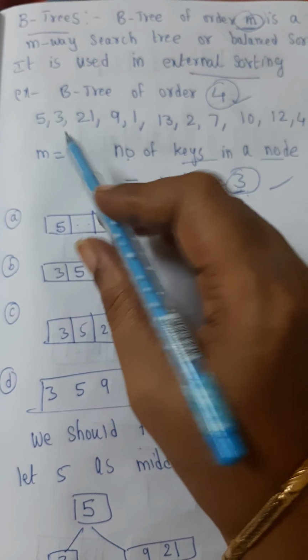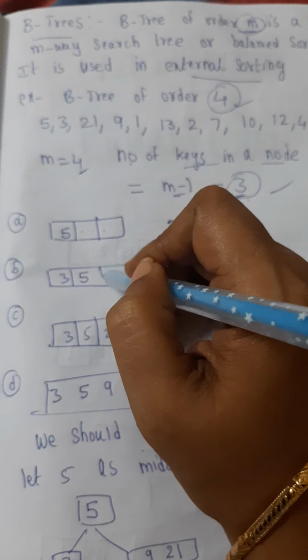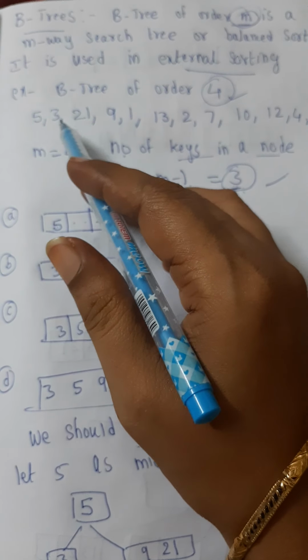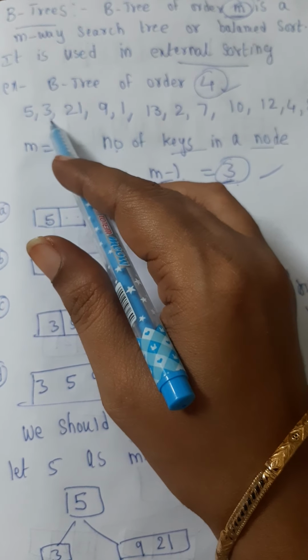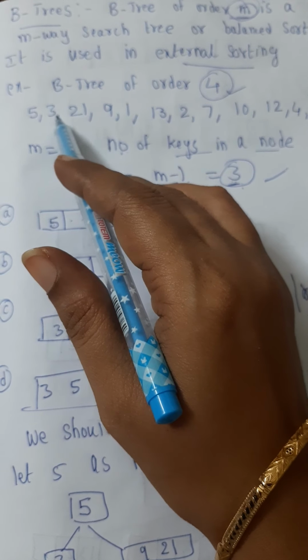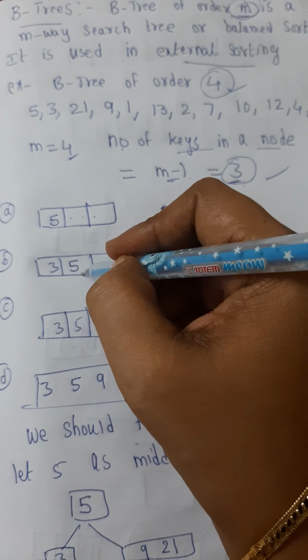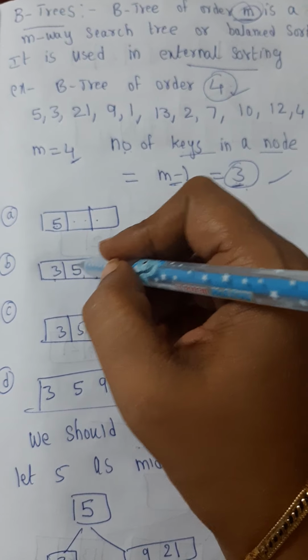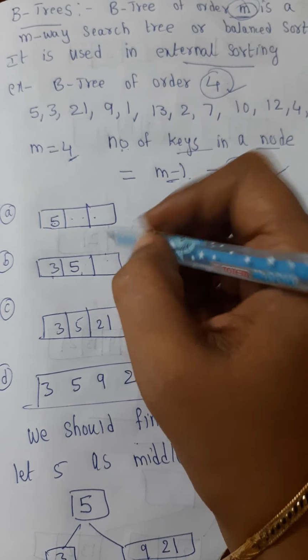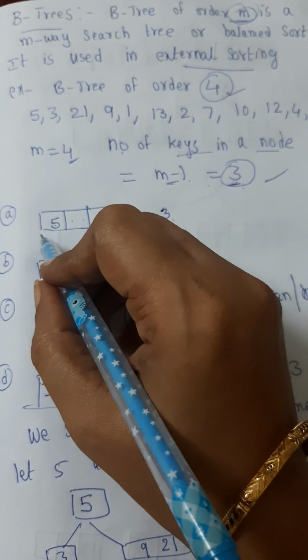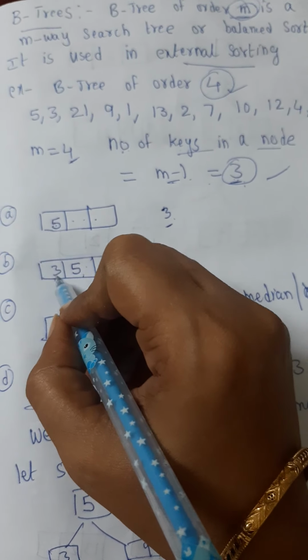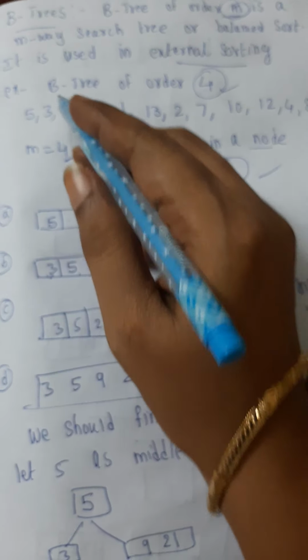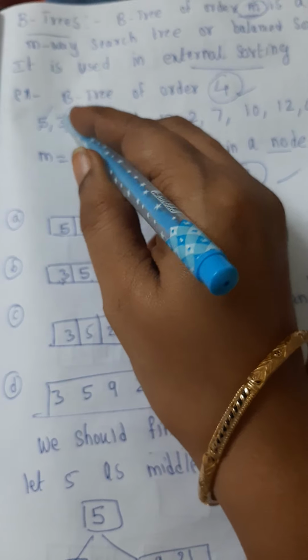When inserting 3, we have to check the property of a binary search tree: the element should be less to the left, and greater to the right. So 3 is less than 5, so 3 will be to the left of 5. So that is 5 and 3.